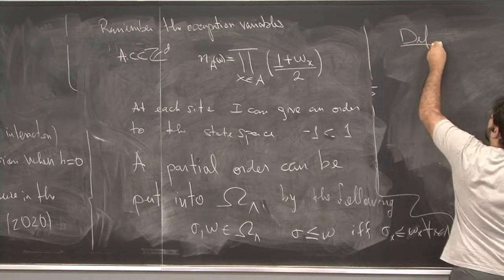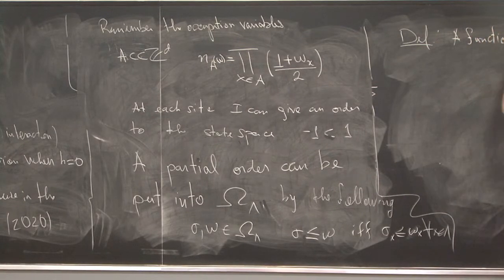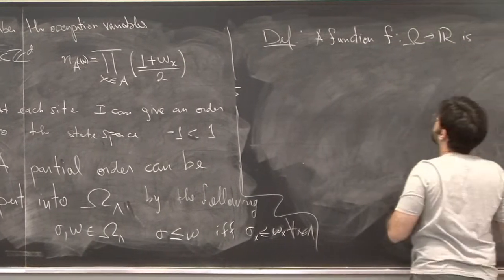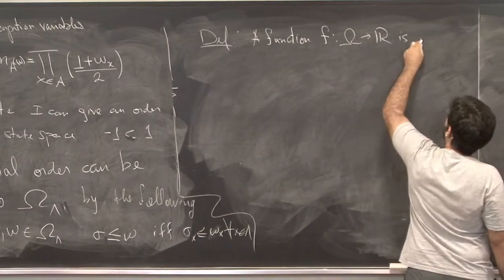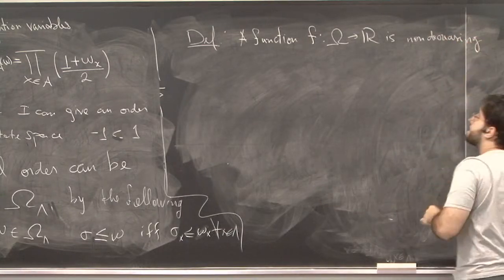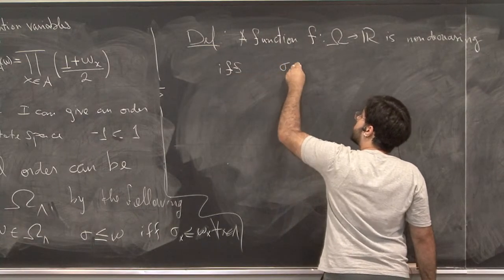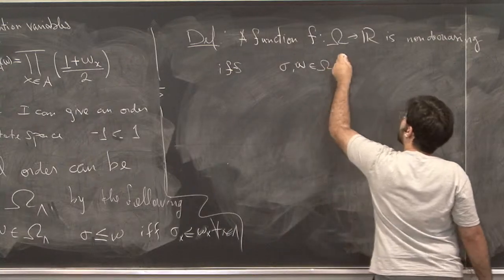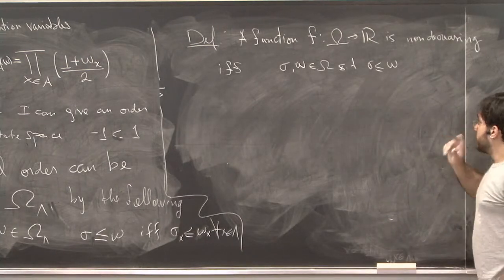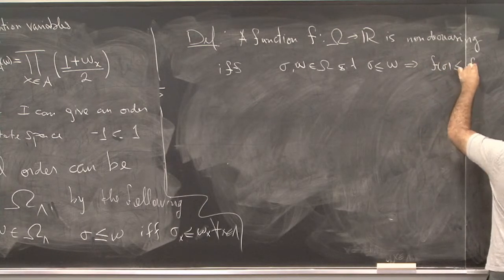A function f is non-decreasing if every time I have two comparable configurations with σ less than ω, this implies that f(σ) is less than or equal to f(ω).